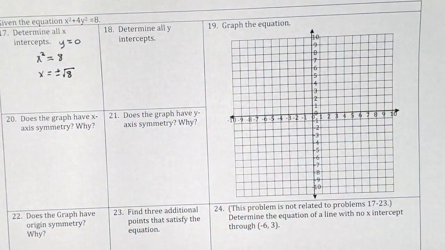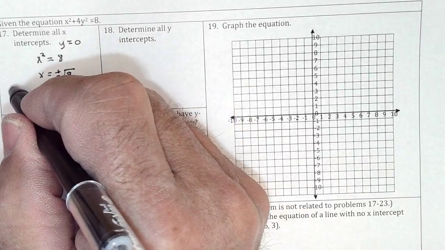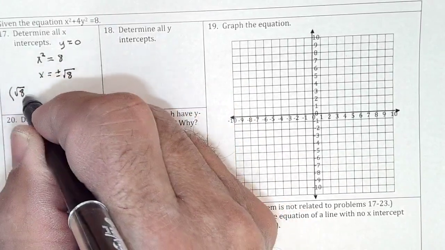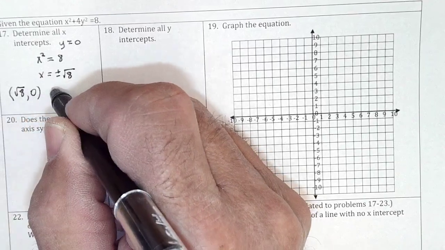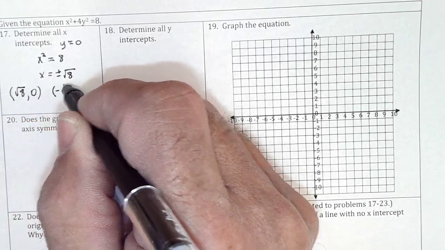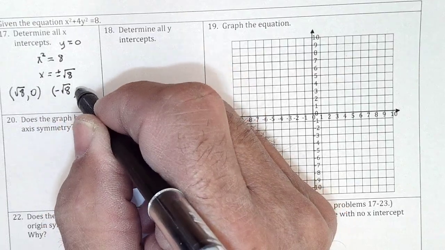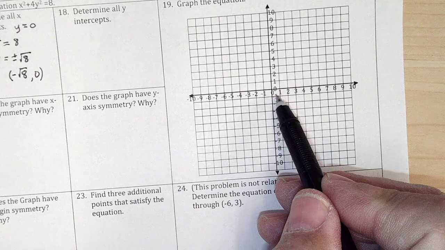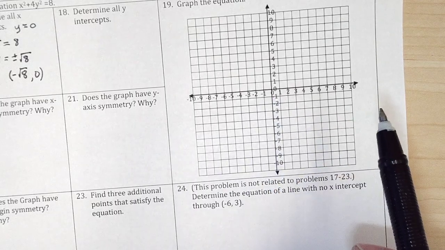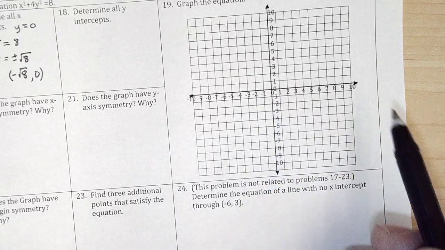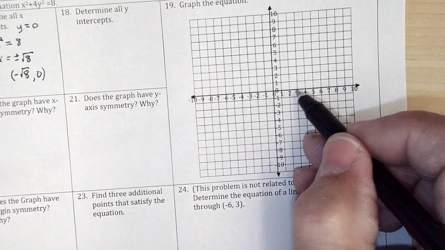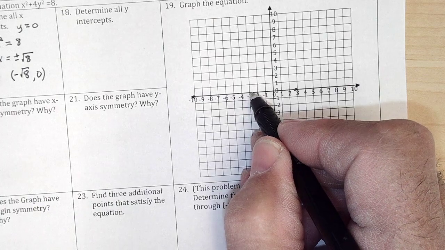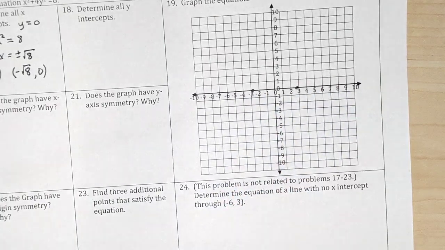But intercepts are points, so I have to write it's the square root of 8 when y is 0, and it's negative square root of 8 when y is 0. Now, if I were to graph those two places, the square root of 9 is 3, so the square root of 8 is almost 3. So almost (3, 0) and almost (-3, 0). There are my x-intercepts.